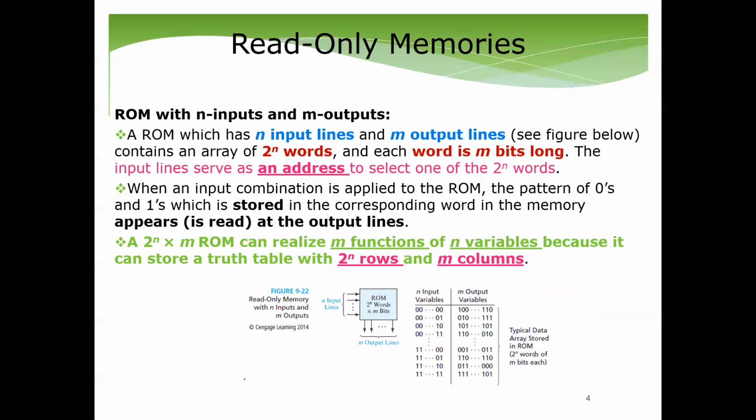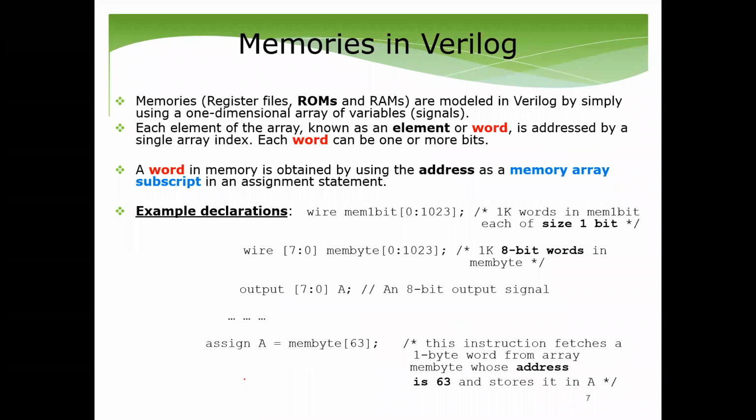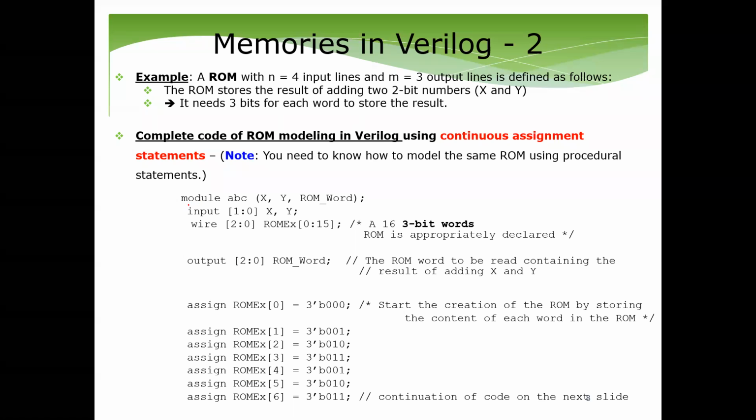Okay, how to declare them in Verilog? There are 3 parts for declaring memory. So the first part, we're going to define the input, which is the address. This is the address bits. We have a vector of 2 inputs, x and y, 2-bit each.